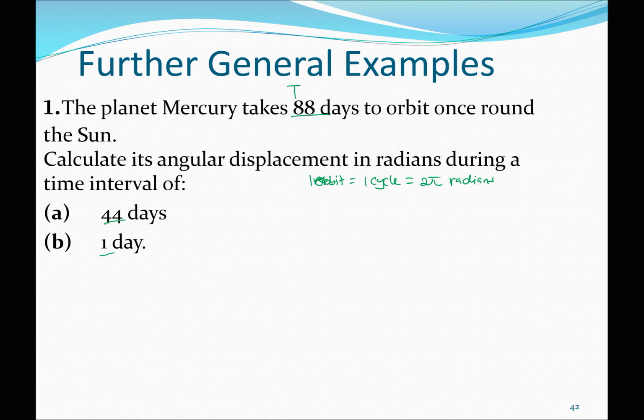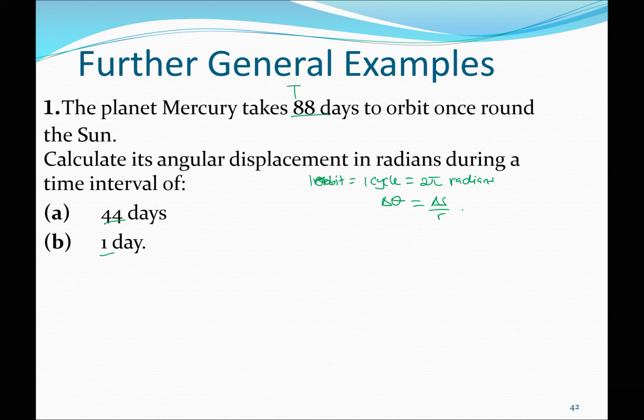So we want to calculate the angular displacement, that is delta theta, in radians. Remember, delta theta is the ratio of the arc length, delta S, to the radius of the circular path. That is the angular displacement.